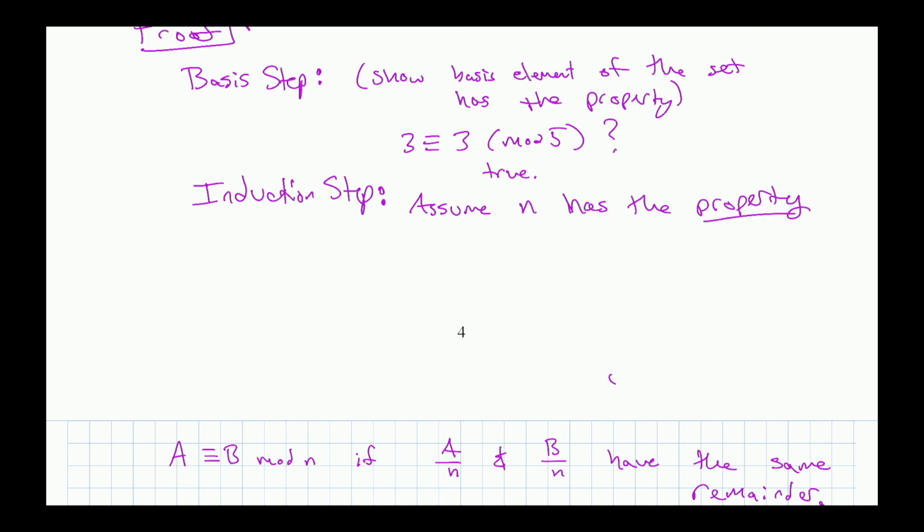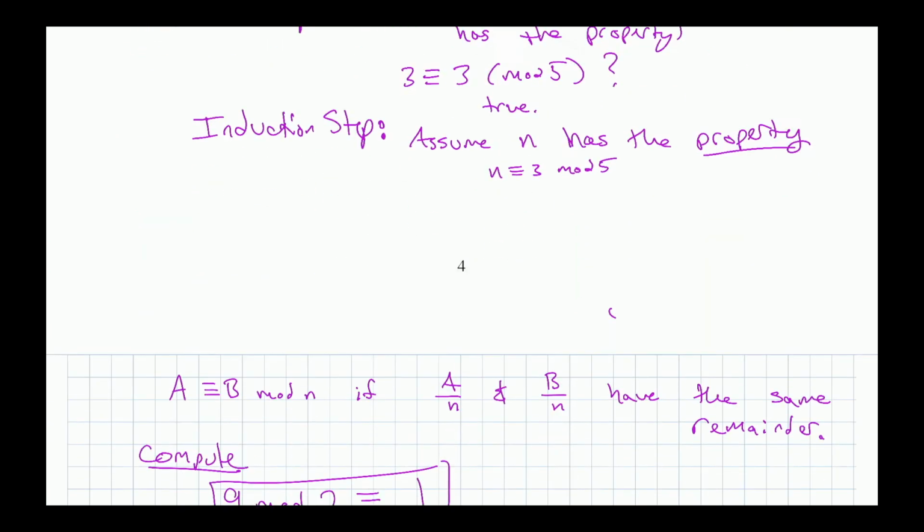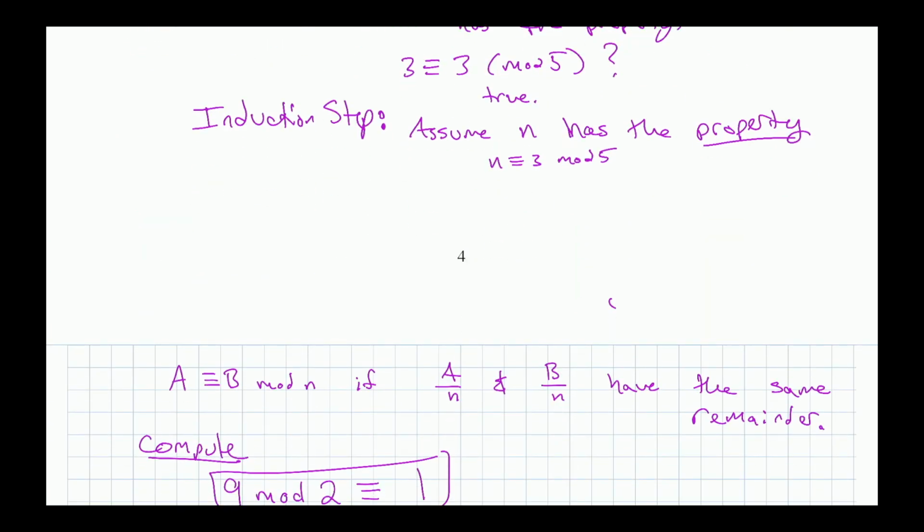What's the property? The property is congruent to 3 mod 5. So assume n is congruent to 3 mod 5. Now, what do we need to show? What we need to show is this has the property, 3n plus 4. So assume n has the property, n is congruent to 3 mod 5, and then we need to show 3n plus 4 has the property.